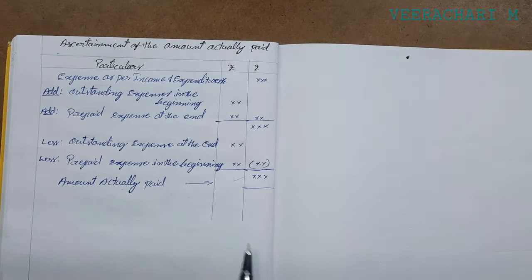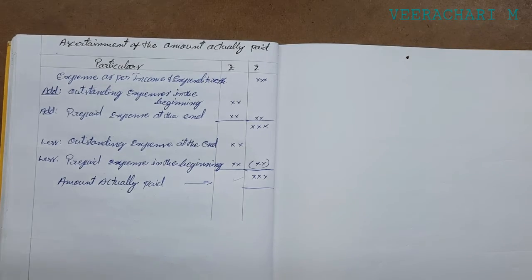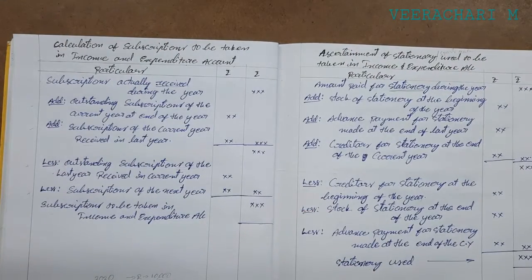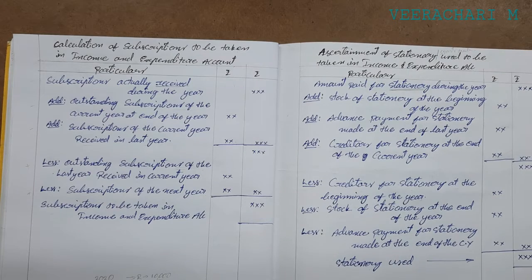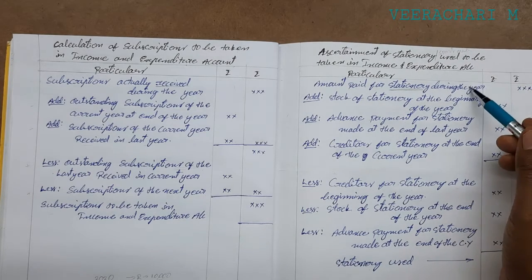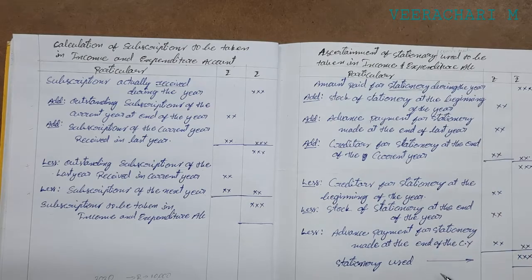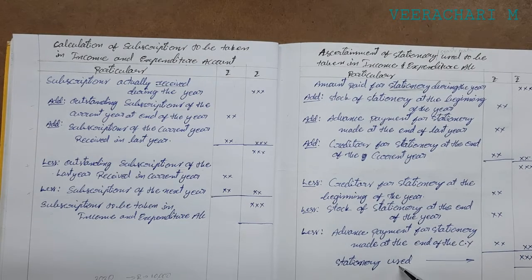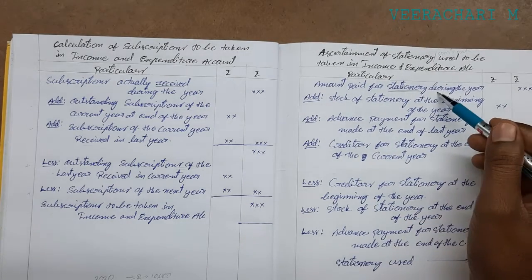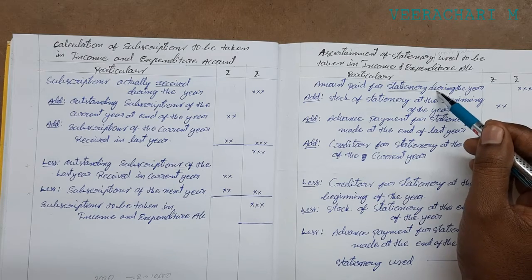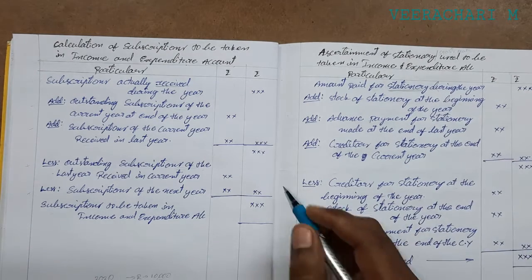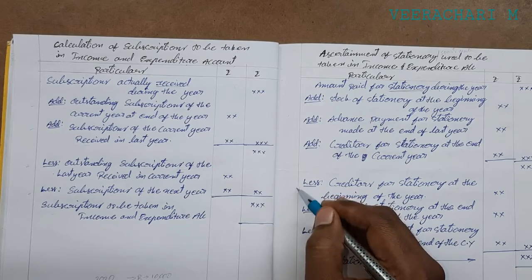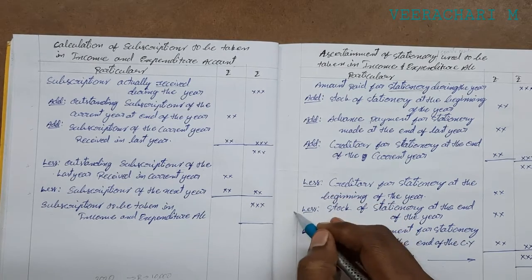Here, if you want to convert income and expenditure amounts to receipts and payments account amounts, the signs reverse.